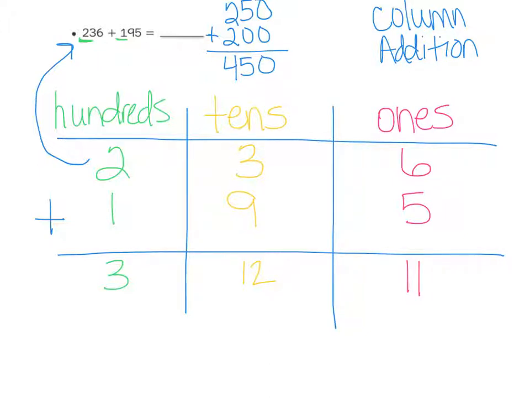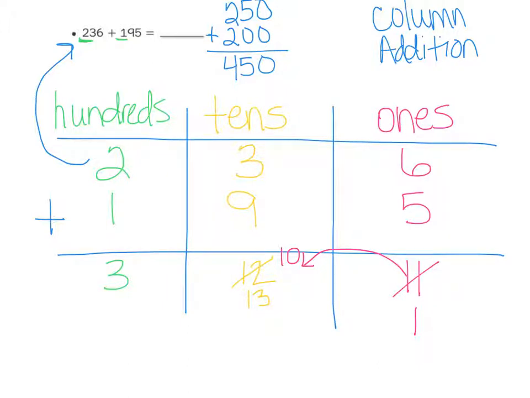Nope, I can't have 11 ones, but I can take 10 of those and move 10 of them to my tens column. And that would leave me with 1 one. Okay, and those 10 ones that I moved over here would be traded into 1 extra 10. So instead of 12 tens, I would have 13 tens.